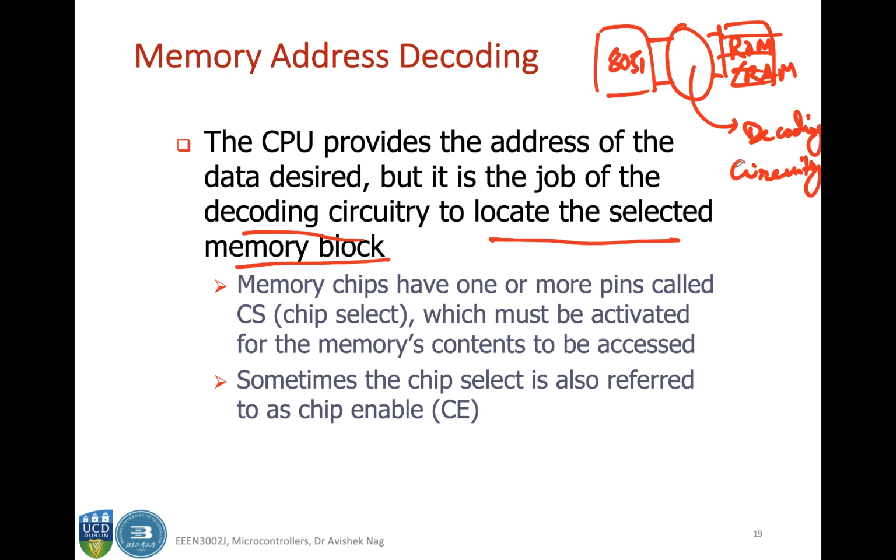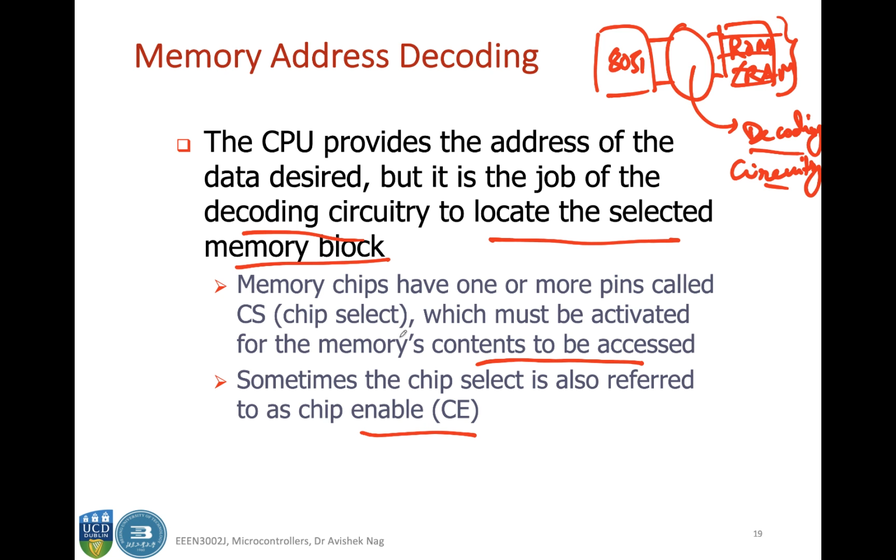This decoding circuitry is a combinational logic circuit, or sometimes a separate standalone chip, and its main purpose is to provide logic that selects a certain portion of the memory locations inside the RAM or ROM. Memory chips have one or more pins called chip select, which must be activated for the memory's contents to be accessed. Sometimes the chip select is also referred to as chip enable.